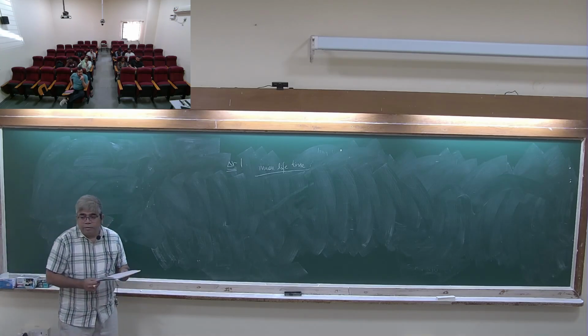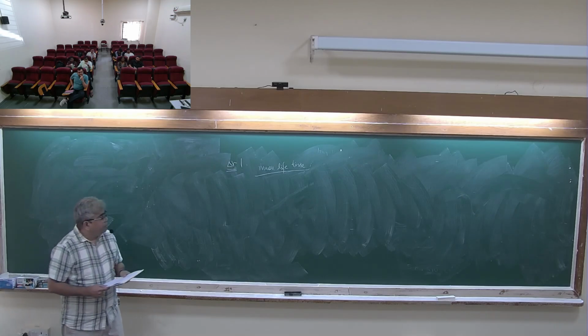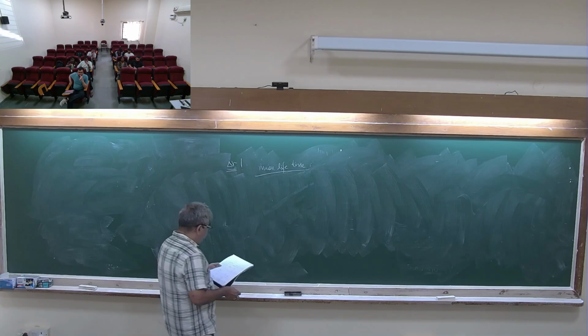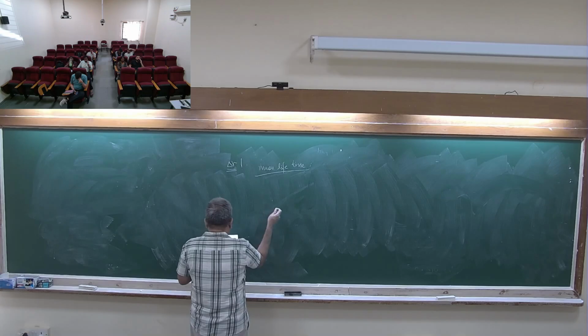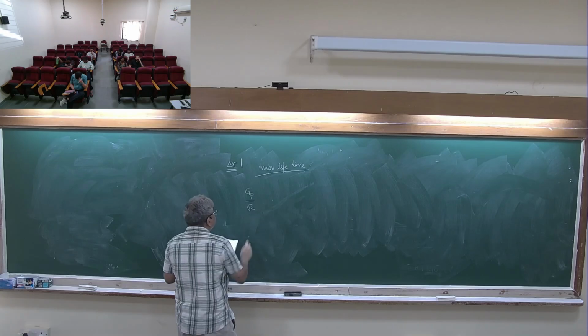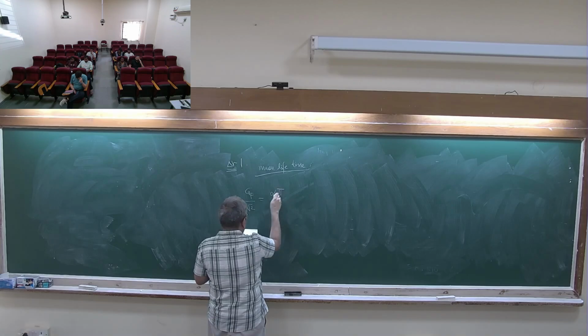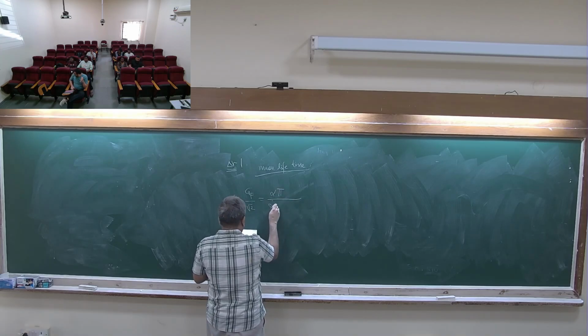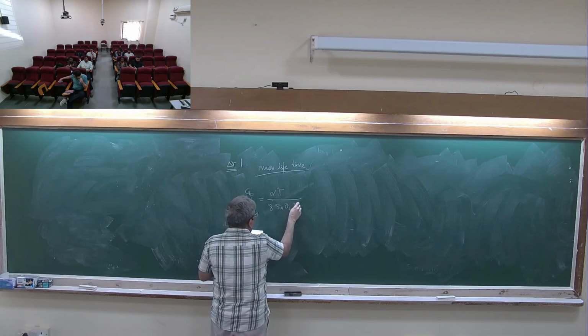But now this has to be modified for the standard model. So GF by root 2 is equal to alpha pi over 8 sin theta W and MW square.